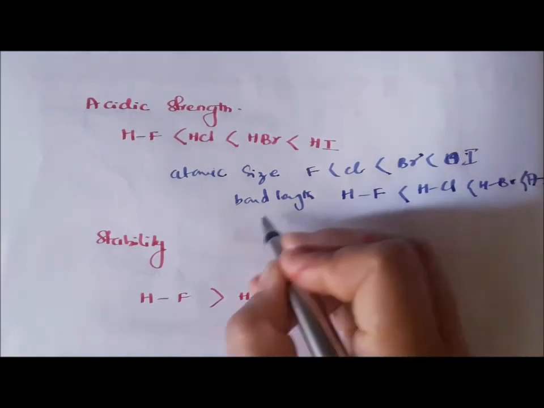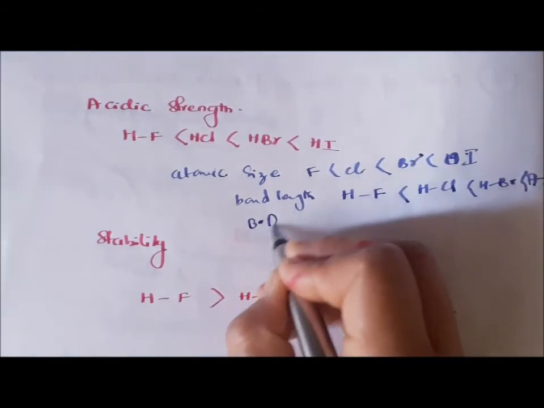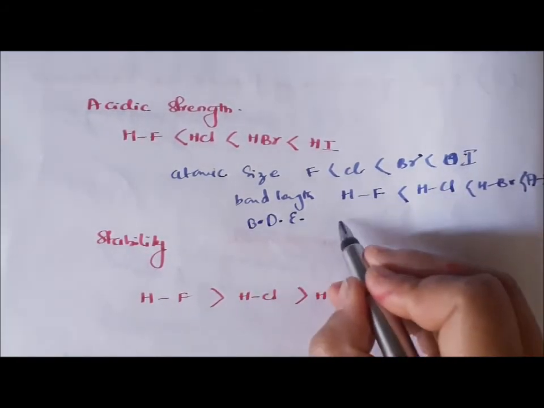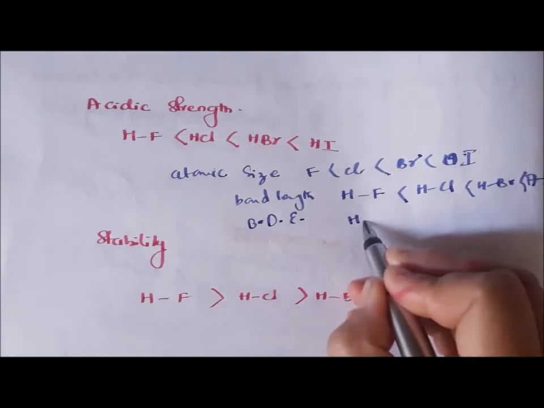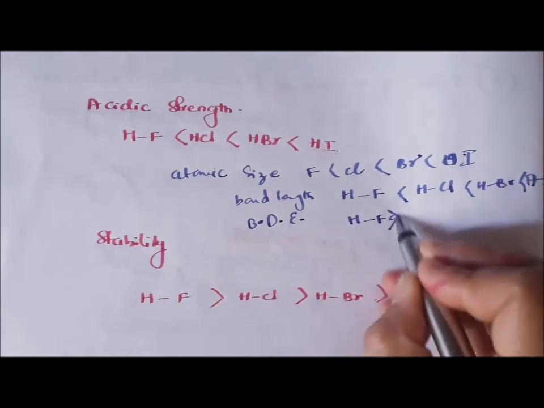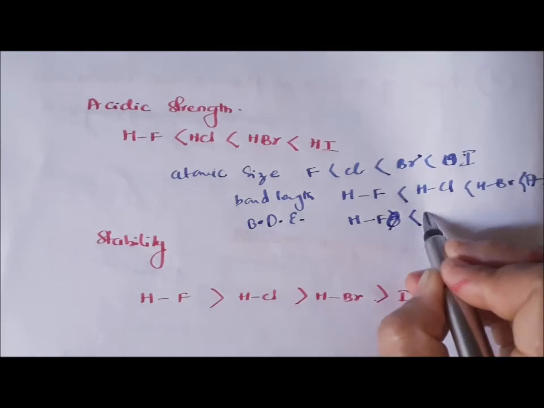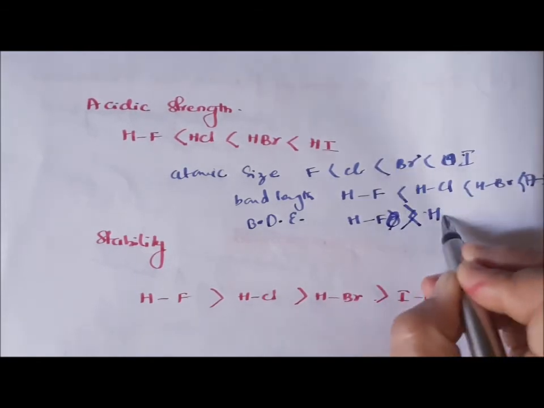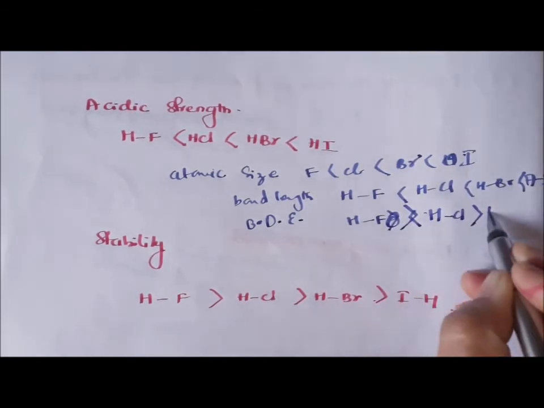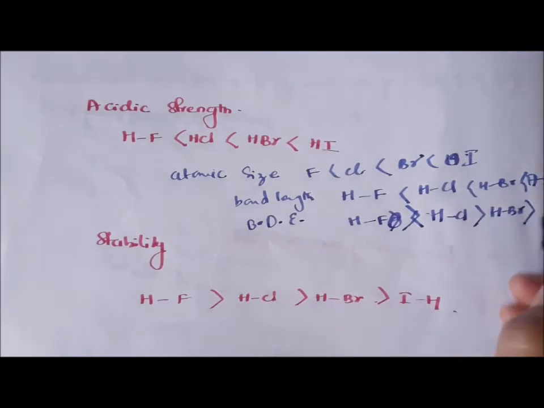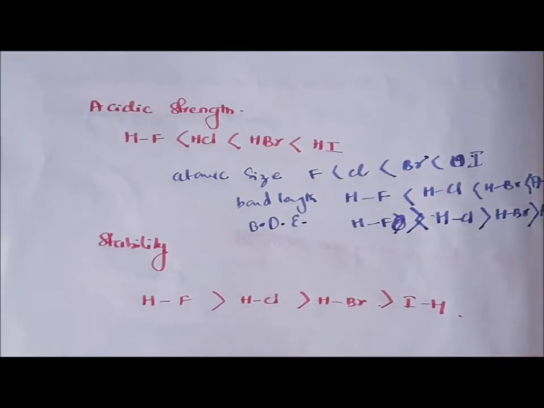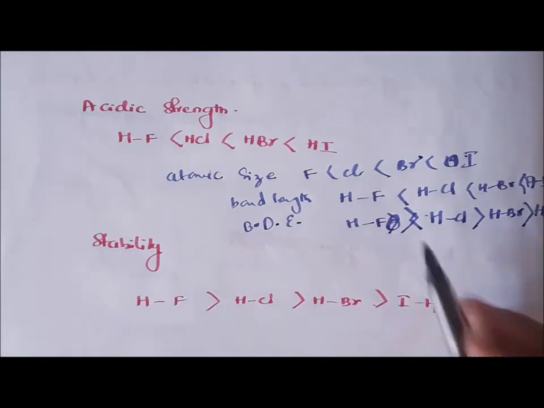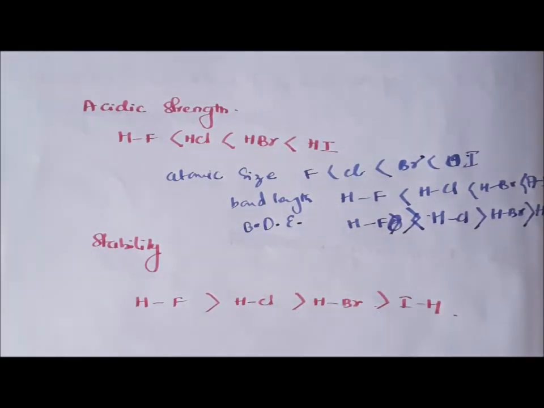Then what about the bond dissociation enthalpy? It decreases in the order HF, HCl, HBr, then HI.